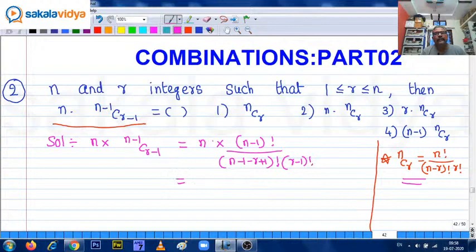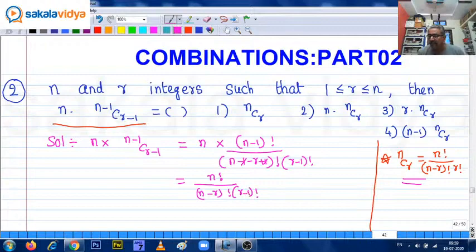So n into (n minus 1) factorial can be written as n factorial. This will be, 1 gets cancelled, (n minus r) factorial. But we have (r minus 1) factorial.